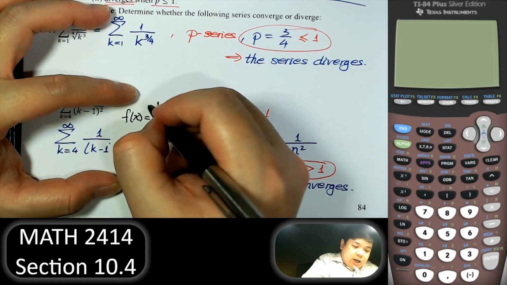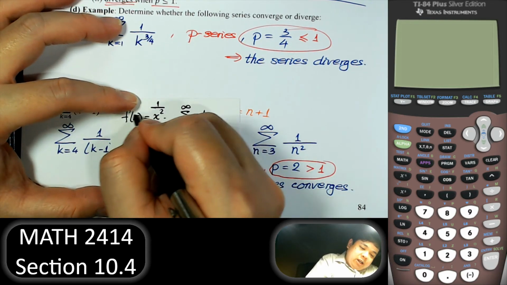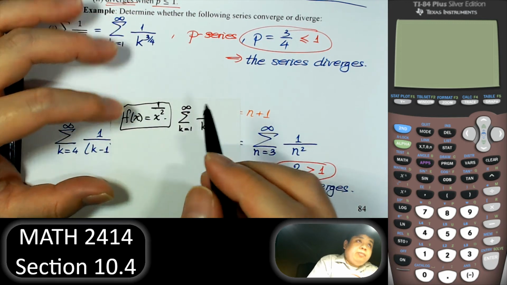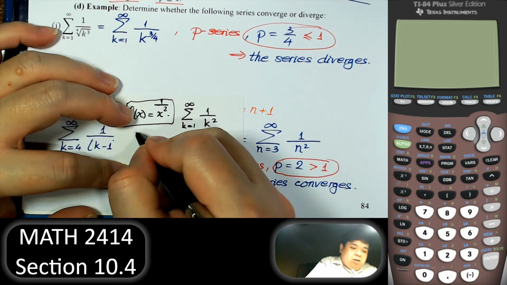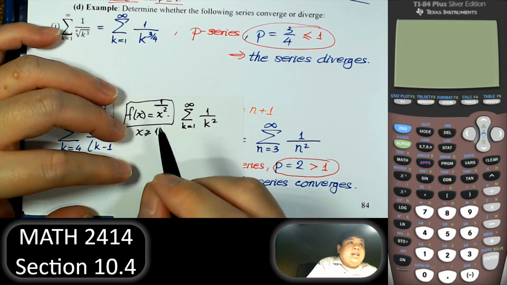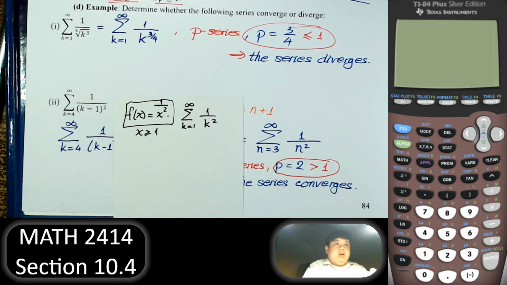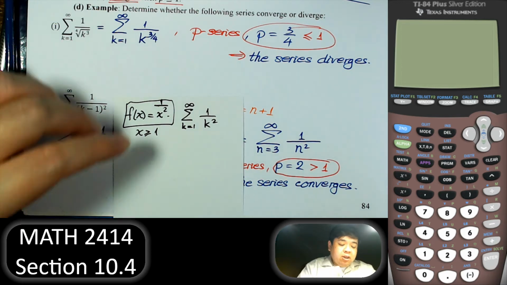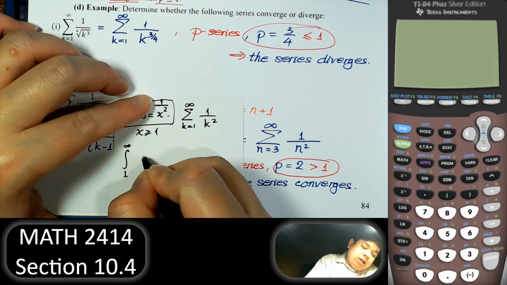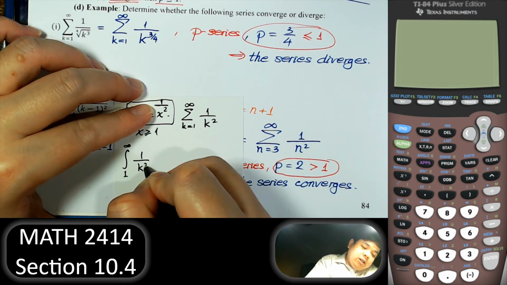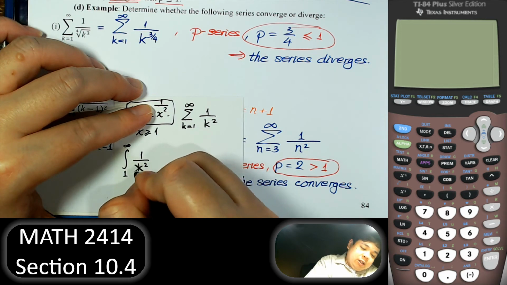So of course, we have the function 1 over x squared, that is positive and continuous for x greater than or equal to 1, and it is also decreasing because the bottom is getting bigger and bigger. For bigger values of x, the quotient is smaller. Because of that, this is decreasing. So all three things check. Now we're just going to do the integral from 1 to infinity of 1 over x squared dx.